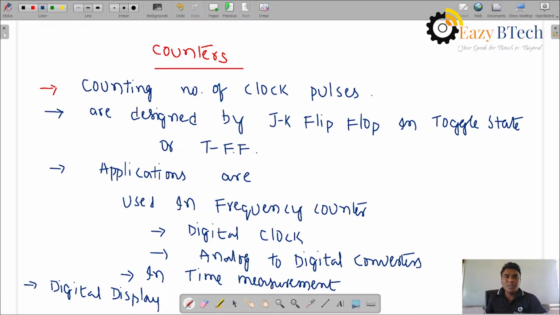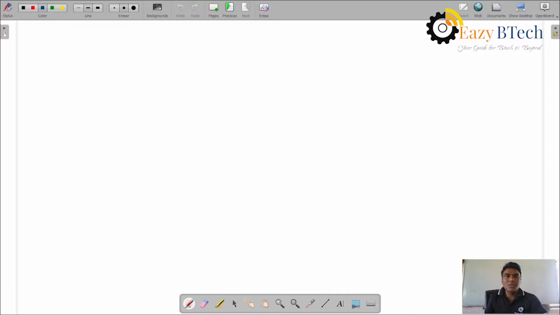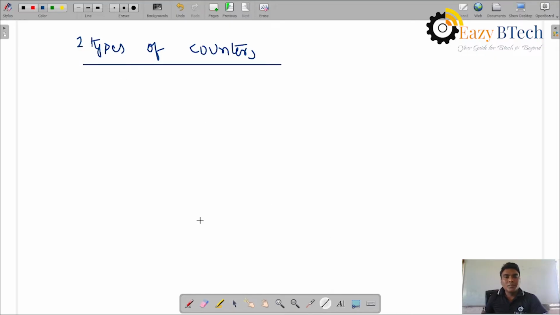Let us see this one. There are two types of counters. One is asynchronous counter, second one is synchronous counter.